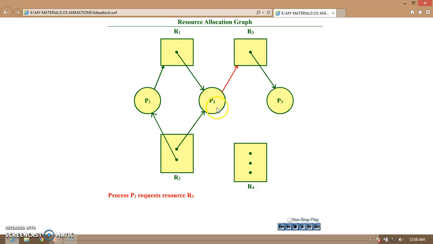Same situation for process P2. Now it is requesting to access resource R3. Again it is a single instance resource and this resource has been assigned to process P3. That's why the request of process P2 will not be granted. Process P2 has to wait for resource R3.